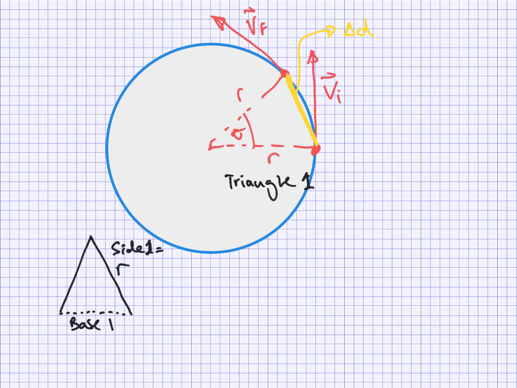Okay, happy. Now, the next thing we're going to do is play around with our red vectors, the VI and the VF. So what I'm going to do is I'm going to just state that an acceleration is VF minus VI over a time.